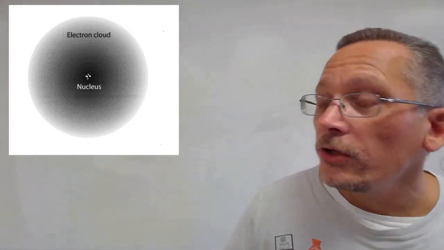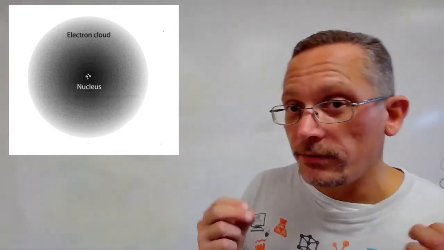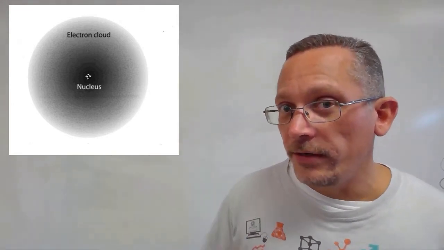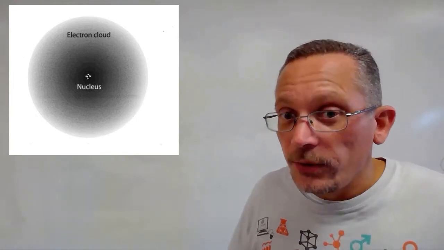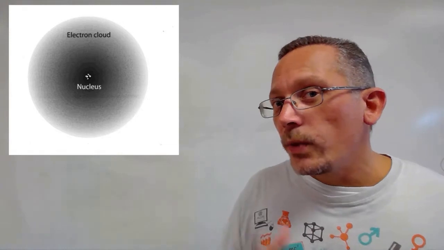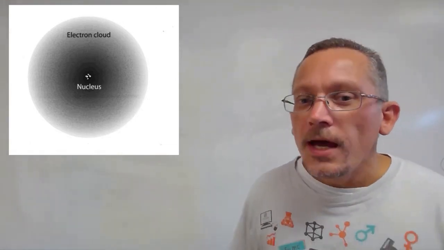You don't see those kinds of orbits going around the nucleus. You can see the nucleus is very small in the center, but then you see a fuzzy, cloudy area around that nucleus. And that fuzzy, cloudy area, we call the electron cloud. That electron cloud is where the electrons are probably going to be, right?